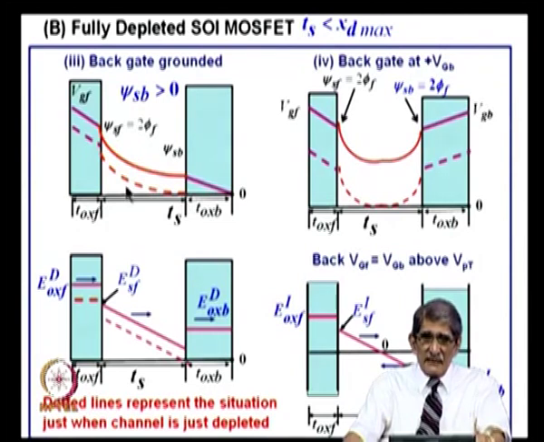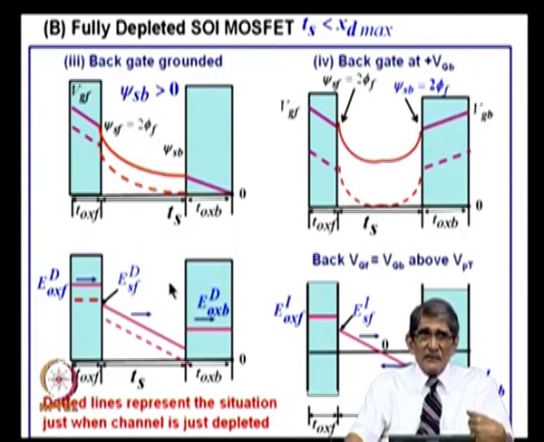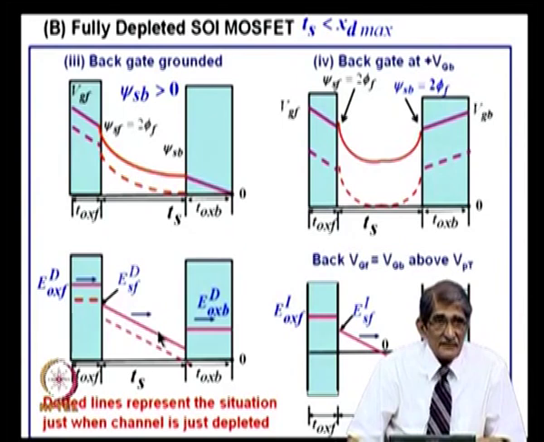You can see that because the voltage drop across the vertical direction is less, the field in the vertical direction will be less than in the case of bulk MOSFET. So, this is already a pointer that if I use an SOI MOSFET, the vertical electric field can be reduced. We have to go back later and see where we can reduce the doping concentration also.